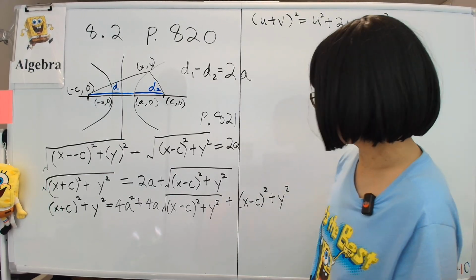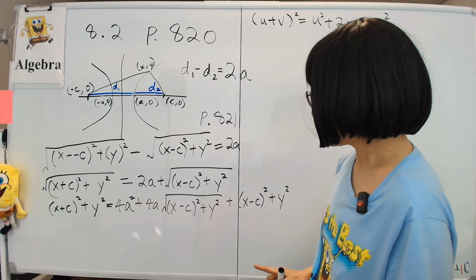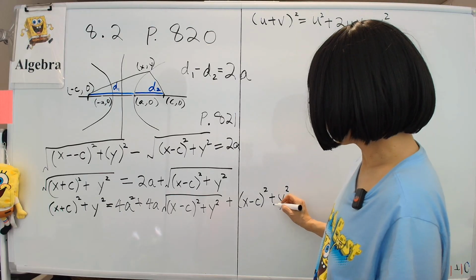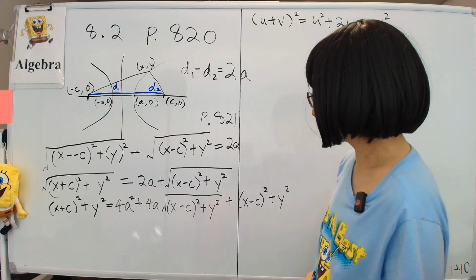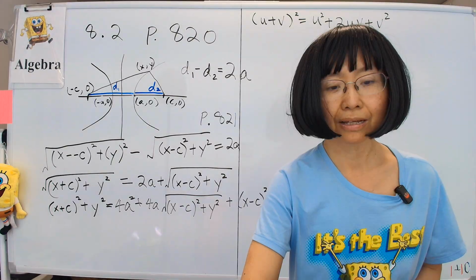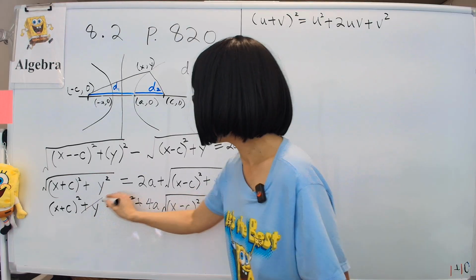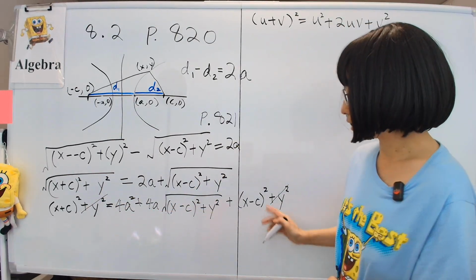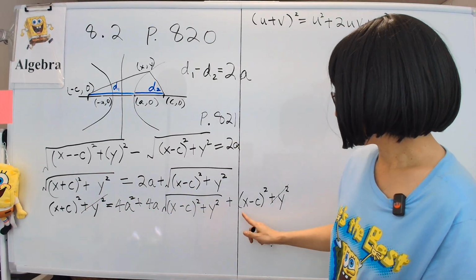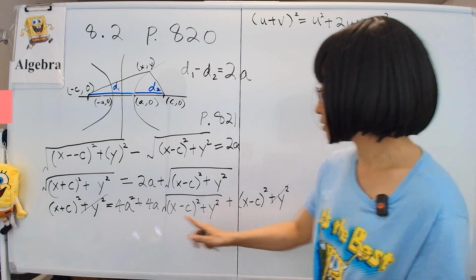All right, so far so good. And I think at this point we can get rid of the y squared because it appears on both sides, so they cancel themselves out.